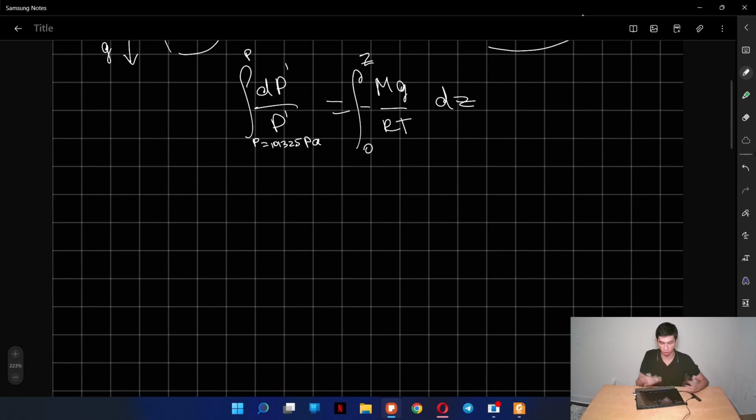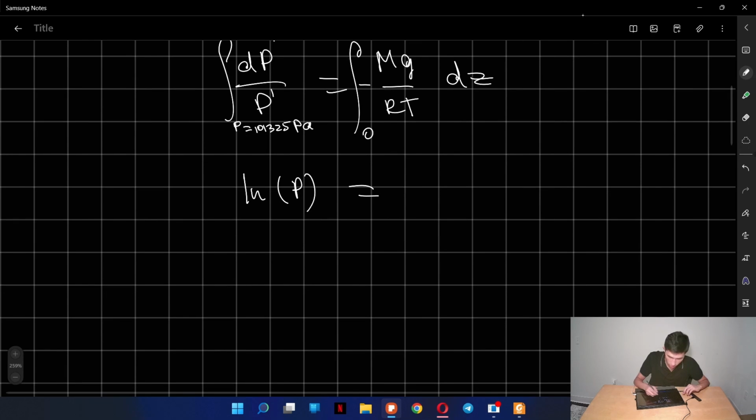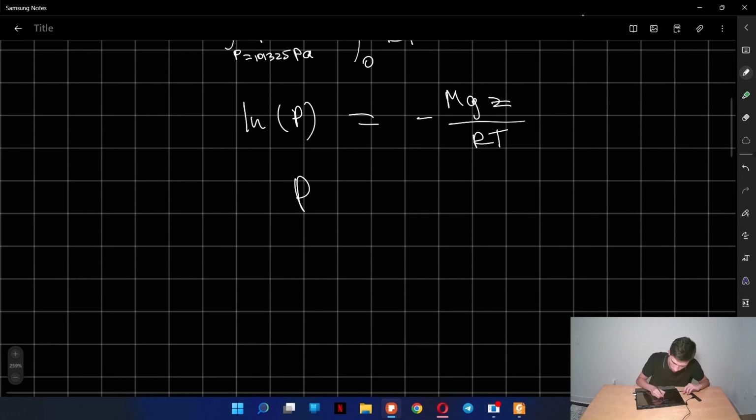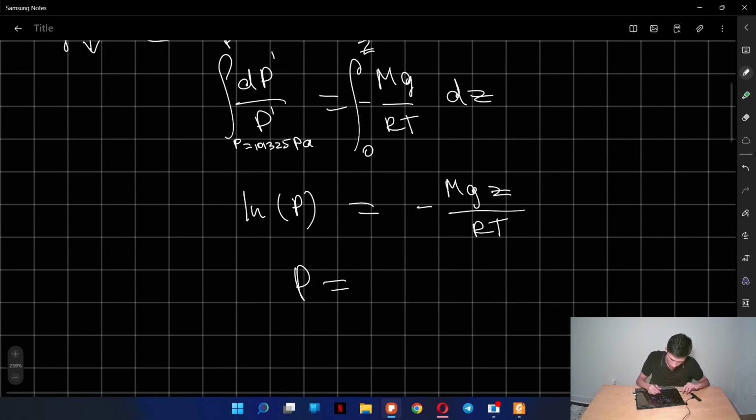And when we find the integral, it's going to be ln of P equal to, for this part, negative Mgz over RT. And for the pressure, it's ln of P minus ln of 101,325.